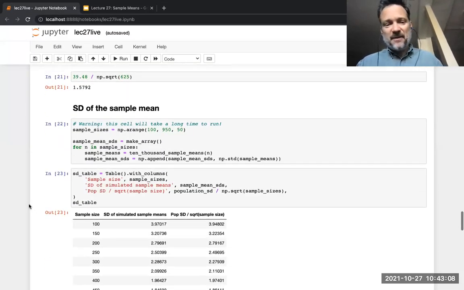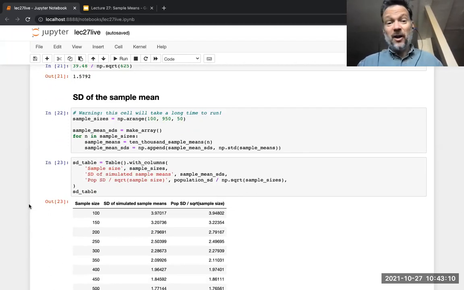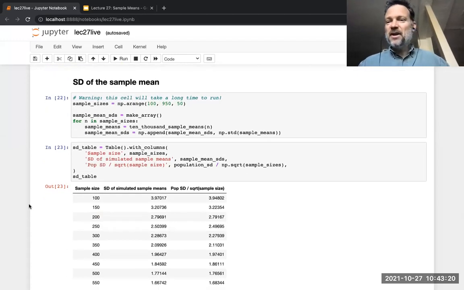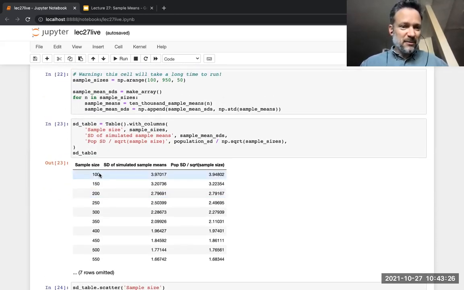So let's jump into the notebook. And I've been running something that took a long time to run. What I did was I repeated this experiment for a bunch of different sample sizes. And I computed the width of the bell curve that you get for each different sample size. So here we have sample sizes 100, 150, 200, so on, up to 950.